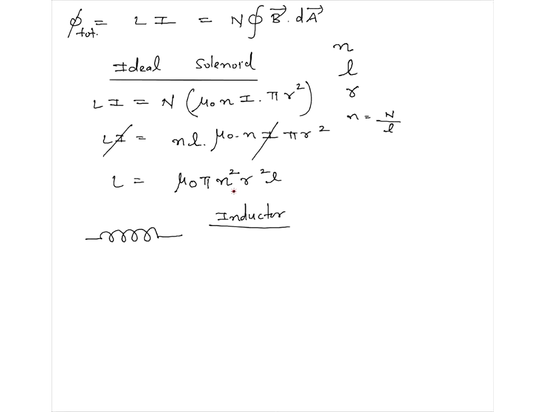So because of this property, you really can't make current zero all of a sudden. If current is flowing and suddenly you make it zero, that's a big change taking place, and that big change will be opposed. Sudden rise is not allowed. Sudden fall is also not allowed.